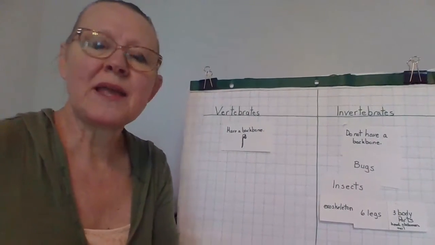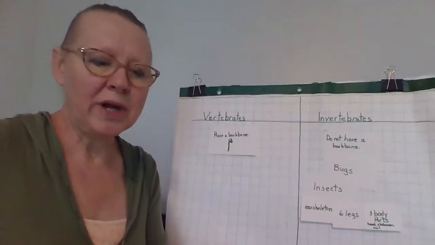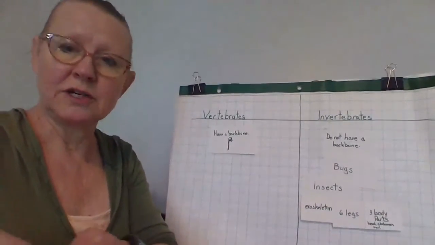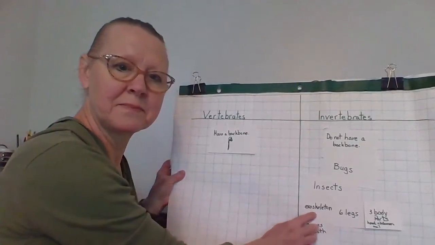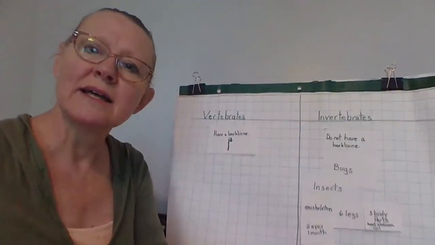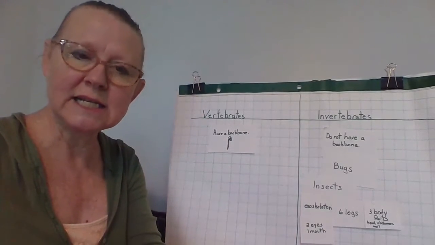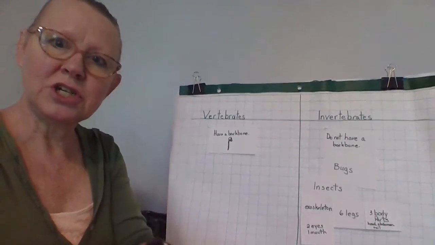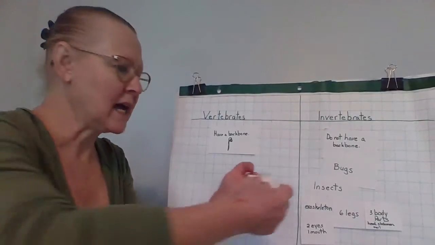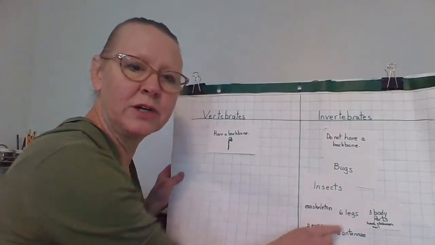All right. Then we have, just like us, they have 2 eyes so that they can see. They have a mouth so they can eat. And they have 2 antennas that they use to feel around with.